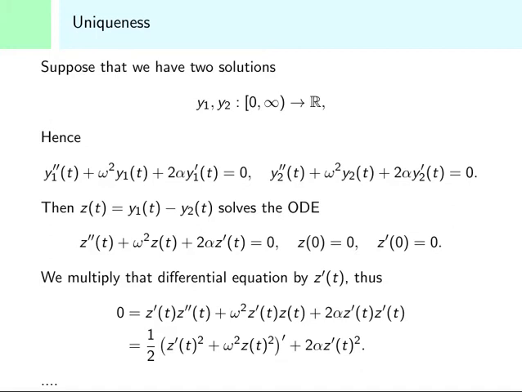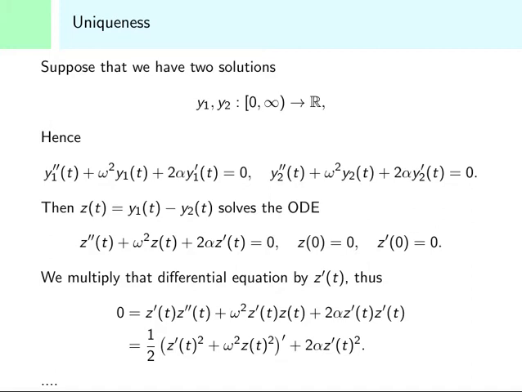Then both of them satisfy y1''(t) + omega squared y1(t) + 2 alpha y1'(t) = 0. Similarly, y2''(t) + omega squared y2(t) + 2 alpha y2'(t) = 0.